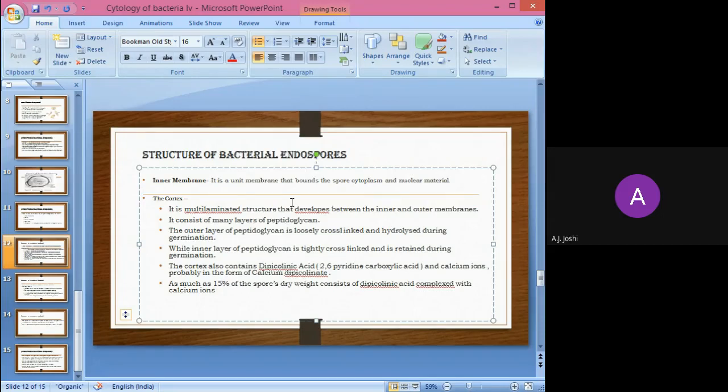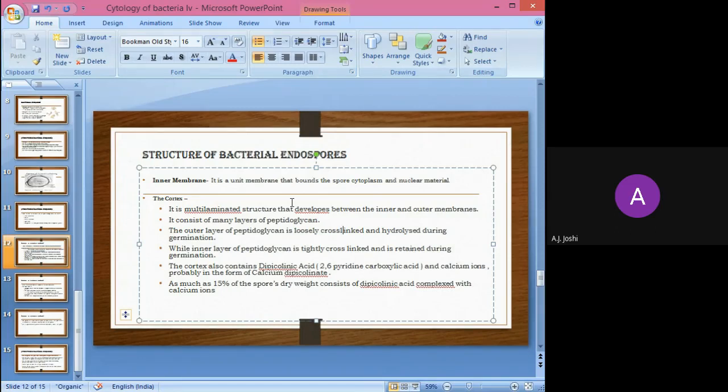If we try to find out the total dipicolinate content, it is found that as much as 15% of spore dry weight consists of dipicolinic acid complexed with calcium ions. That means if we take the dry weight of the endospore, 15% is calcium dipicolinate. Such a high content of calcium dipicolinate is in the bacterial endospore. The major role of this calcium dipicolinate is in the resistance of the endospore.